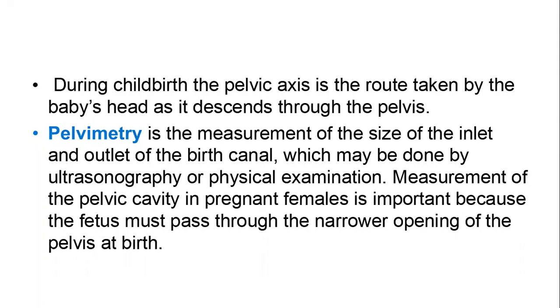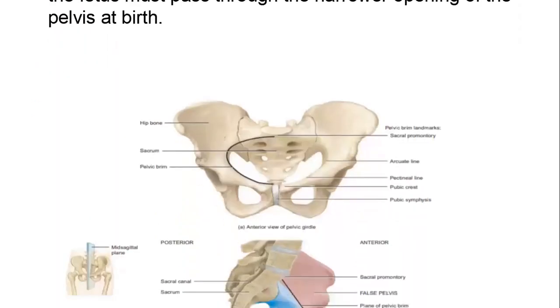Measurement of the pelvic cavity in pregnant females is important because the fetus must pass through the narrow opening of the pelvis at birth. That's another topic of discussion, and if time allows, we will understand how it's taken. But I have prepared an image to demonstrate how that line comes to it.